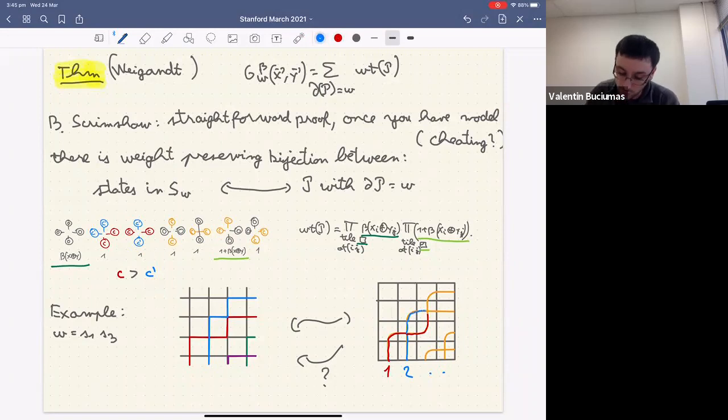Now red and blue meet again here. So what happens now? Now blue will come from the left and red from the bottom. Blue is less than red. So if I have blue from the left and red from the bottom, this is the only possible configuration. So now blue will have to keep going up.